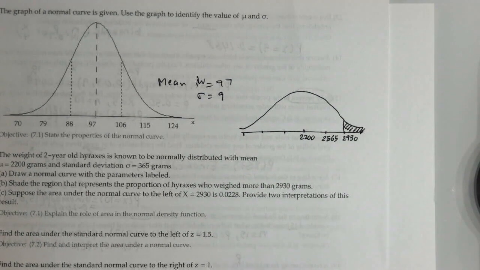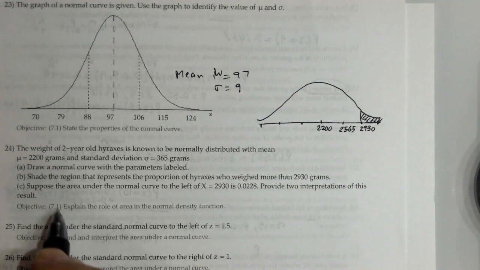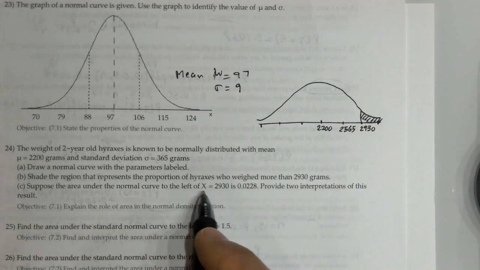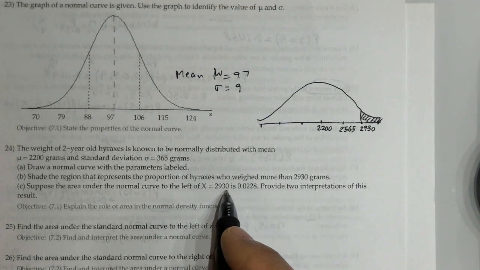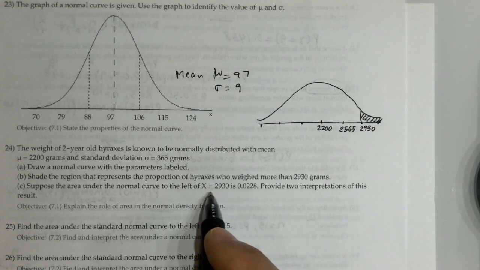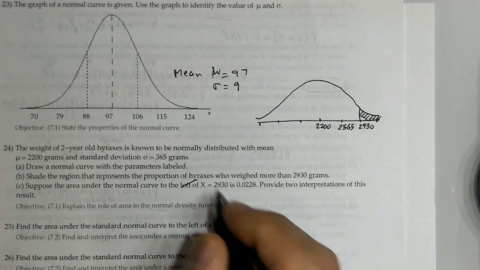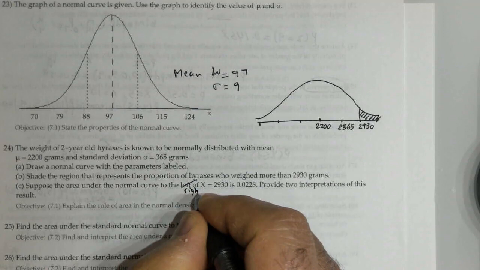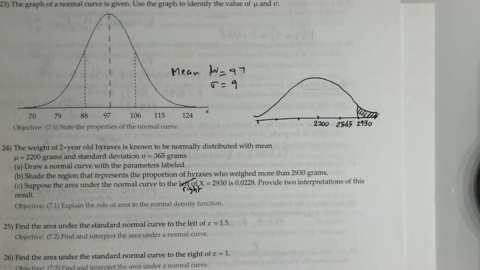The next part, it says provide an interpretation. Suppose the area under the normal curve to the right of x equals 2,930 is 0.0228.